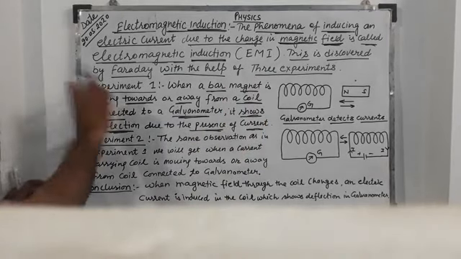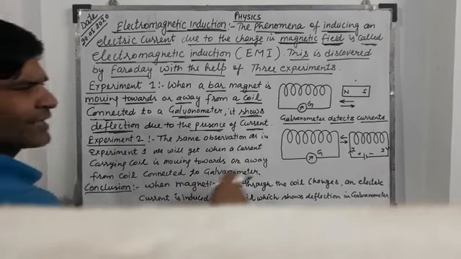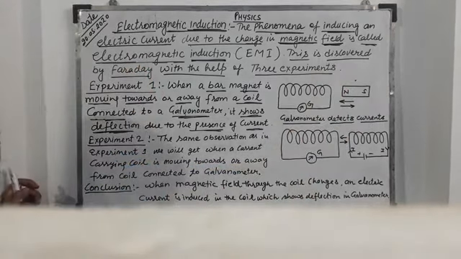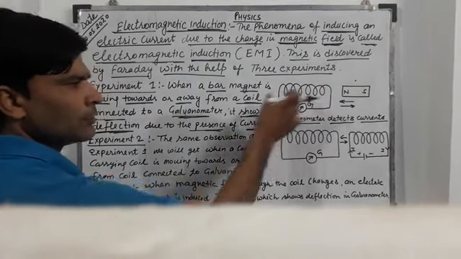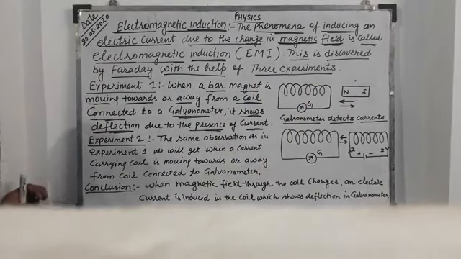This is the first experiment. The same observation we will get when the bar magnet is fixed but the coil is moving towards or away from the bar magnet.